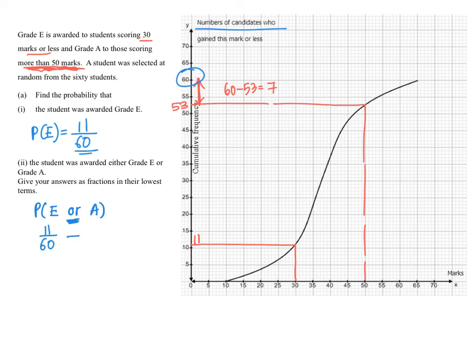I add. So 11 out of 60, and then add the probability of getting an A. Students who get an A only have 7 students out of 60. Let's add this together. We'll get 18 over 60. Simplifying the answer, 3 out of 10. Have you gotten your answer?